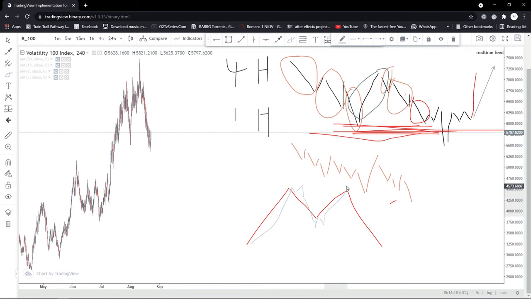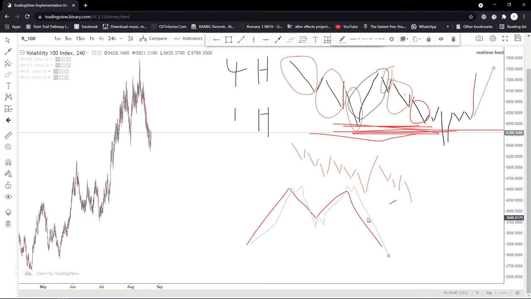Right, and then it's going to be like this, and then to the downside. That's your 1-hour structure. So you must not be confused seeing that your 4-hour is just creating A's and V's, and then your 1-hour is creating double tops or W's or M's. This is how the market goes.